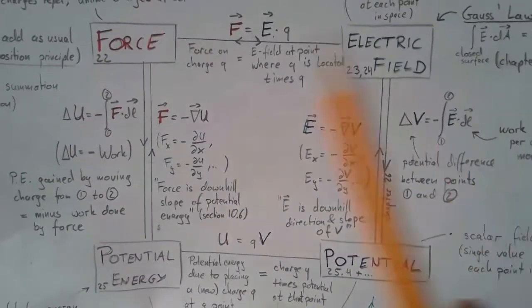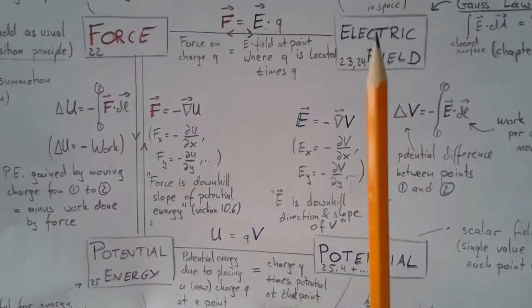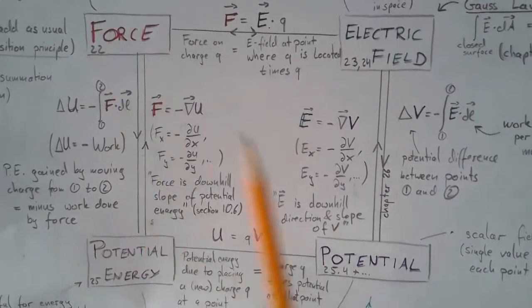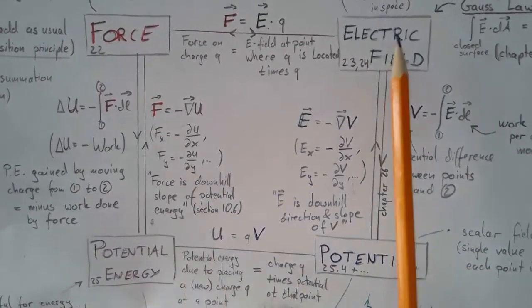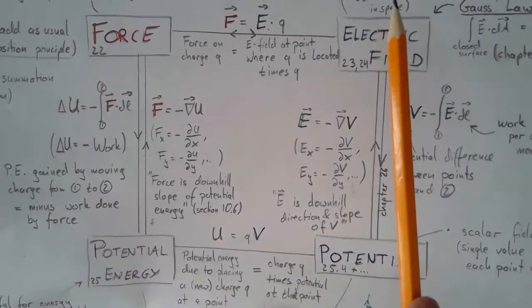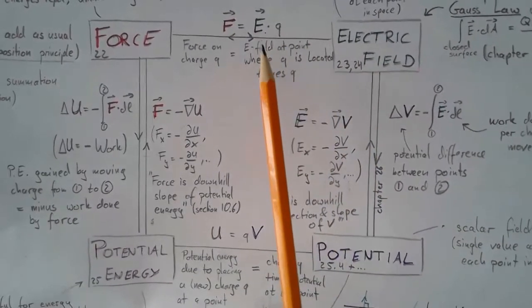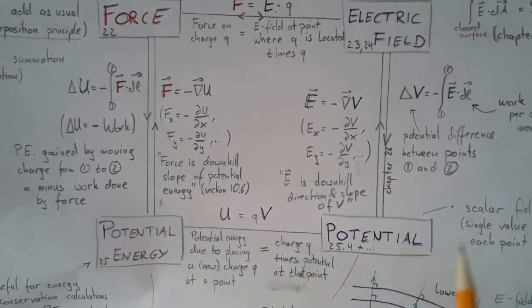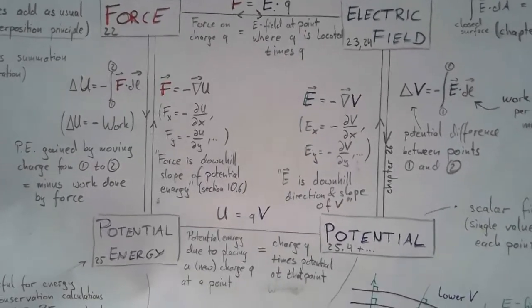The key thing to understand, to not get confused about those four concepts, is that essentially electric field is to force what potential is to potential energy. Electric field is the force on a hypothetical coulomb of charge you put somewhere, while potential is the potential energy of a hypothetical coulomb that you put somewhere in the presence of some other charges.